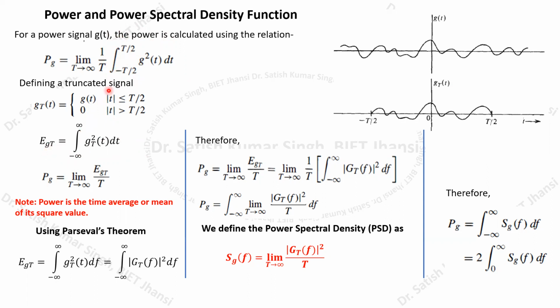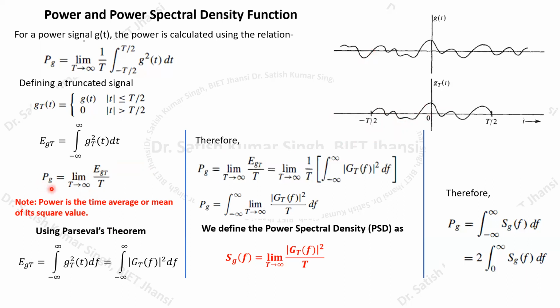So here I can rewrite this particular expression of the power of this g(t) signal. This expression Pg will be equal to limit T tends to infinity of E_gT upon T, where T tends to infinity. Because if we repeat this truncated version of the signal over the infinite range, we will be able to reconstruct this g(t) signal.